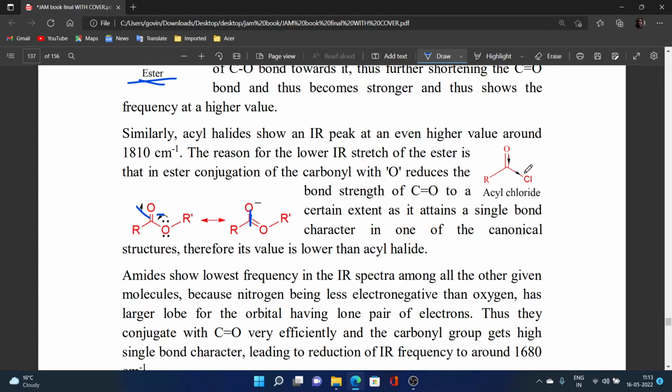Whereas chlorine has a lone pair of electrons in the 3p orbital, so 3p will not overlap very well with the 2p orbital of this carbon. I hope you understand, and therefore conjugation is very weak, almost insignificant. So it's only the minus I effect which is working out here, and therefore it makes this bond very strong, and therefore the IR value is very high.